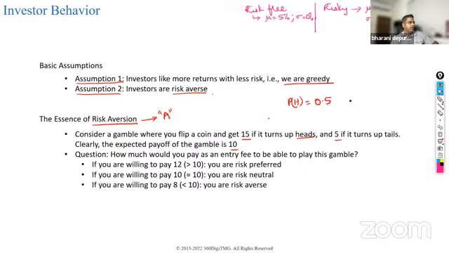And for this probability, how much do you get? $15. And what is the probability of getting a tail? 0.5. And here, what is the money that you might get? $5. And how much are you investing? $10. Say you're investing $10.